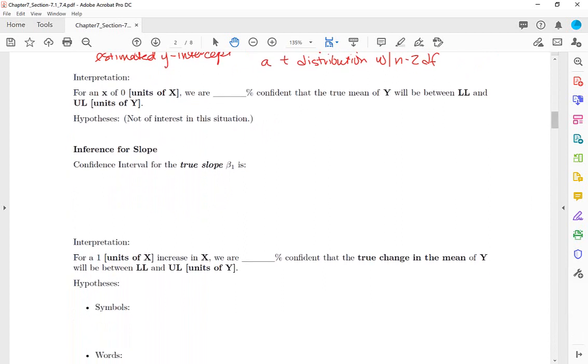Looking at the confidence interval for the true slope, beta 1, we find our confidence interval again by using the estimate for our slope, plus or minus the t star multiplier from the t distribution with n minus 2 degrees of freedom, times the standard error of slope.